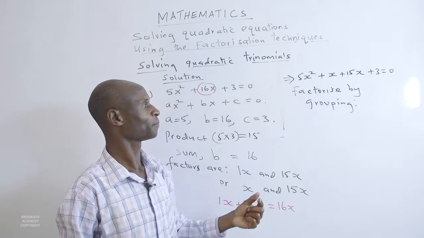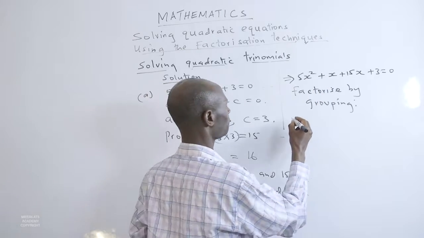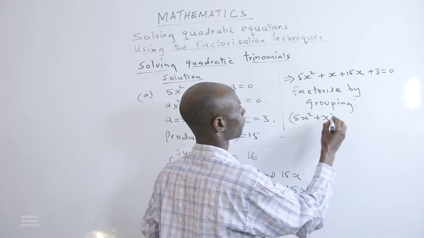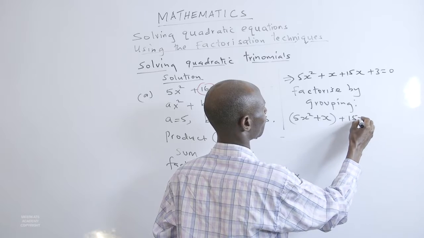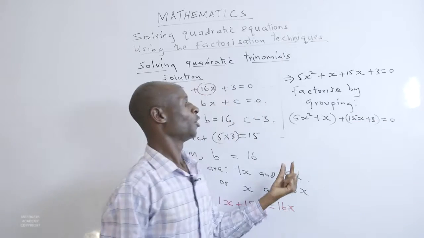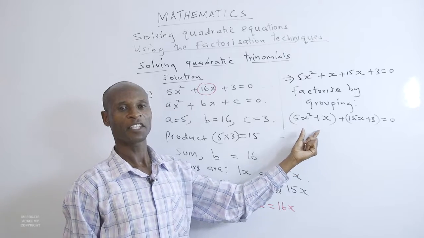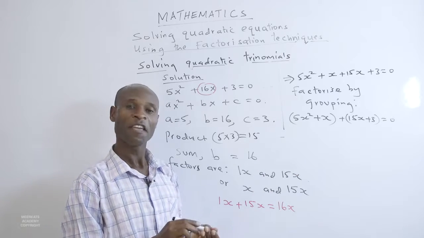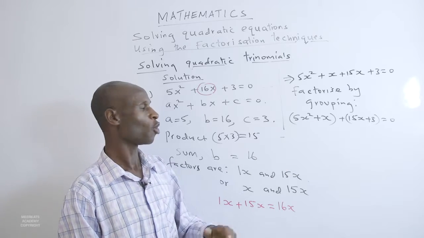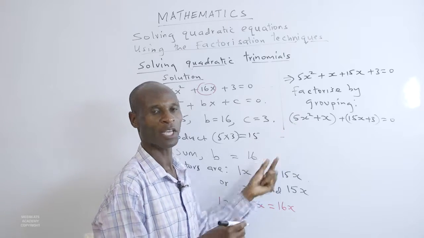What is common? I believe you have discovered that x is a common factor. So we factorize by putting it outside the bracket.